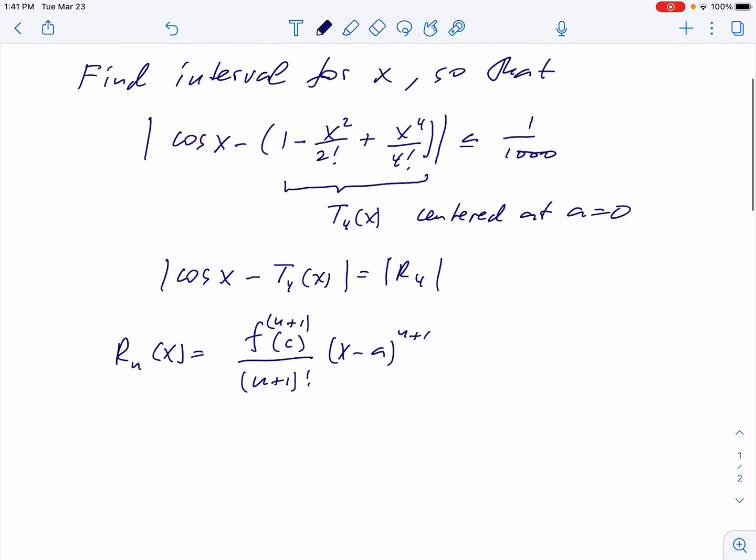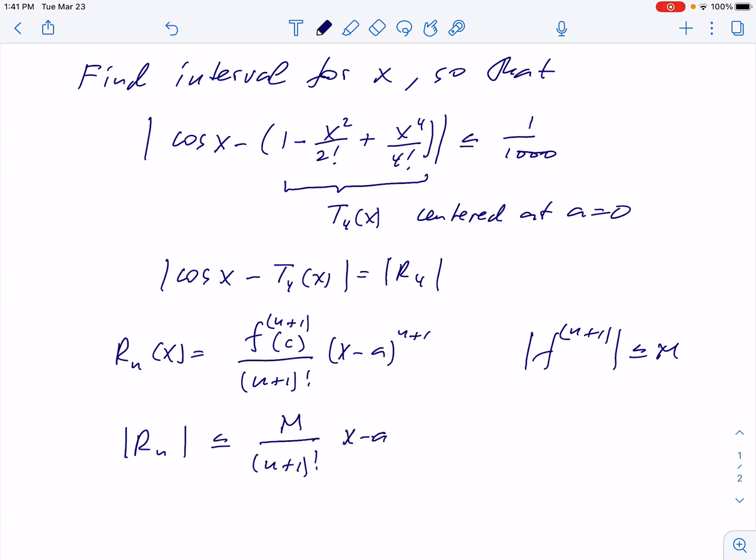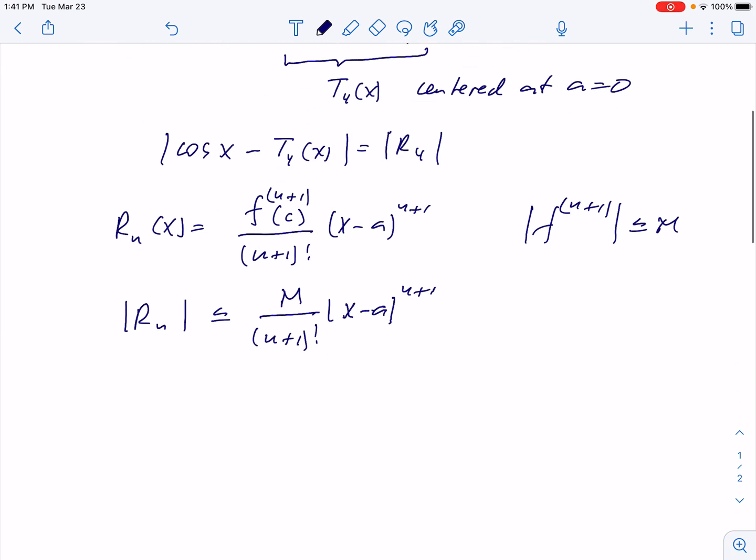And if the n plus first derivative in absolute value is less or equal to M, we have this Taylor estimate. The remainder in absolute value will be less or equal to M over n plus 1 factorial times absolute value of x minus a to the n plus first power. So in our case a is 0 and n is 4.